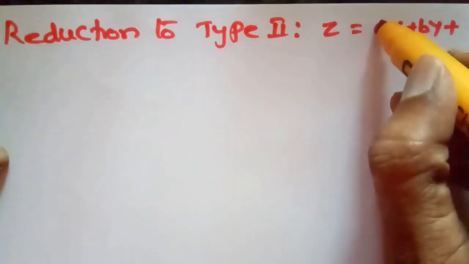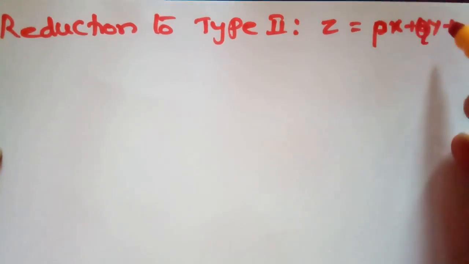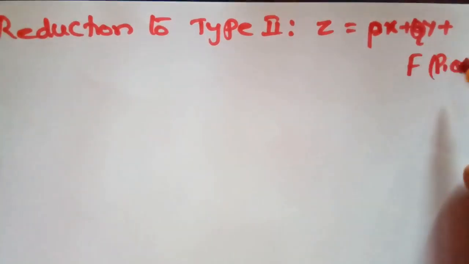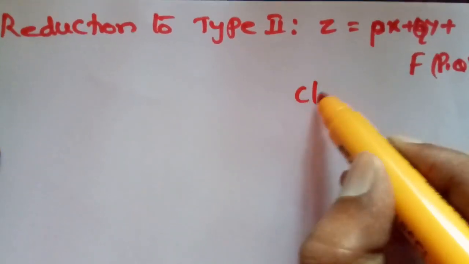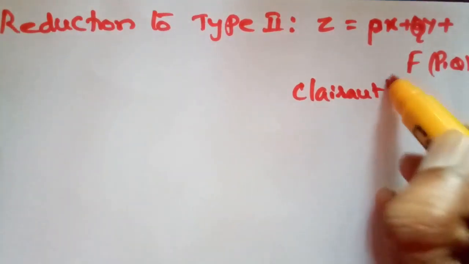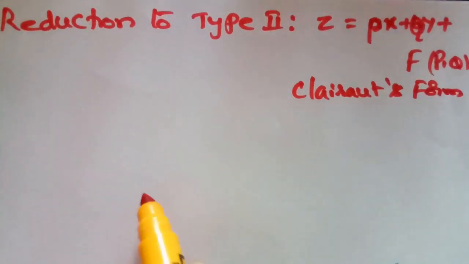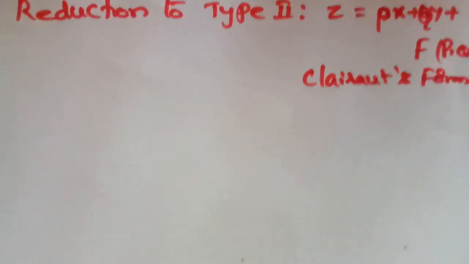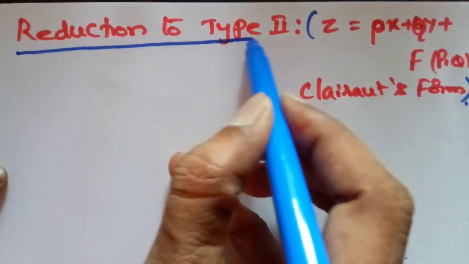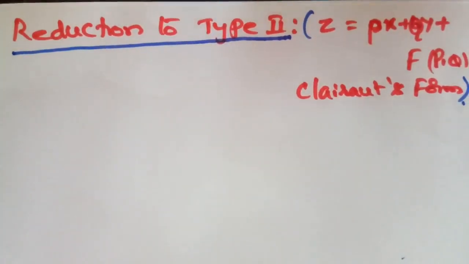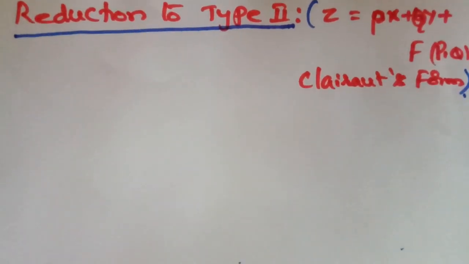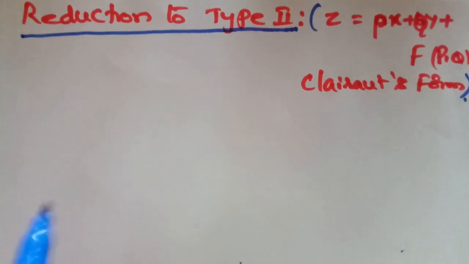Z is equal to Px plus Qy plus f of P comma Q, Clairaut's form. Z is equal to Px plus Qy plus f of PQ. We have to reduce the problems into Clairaut's form.